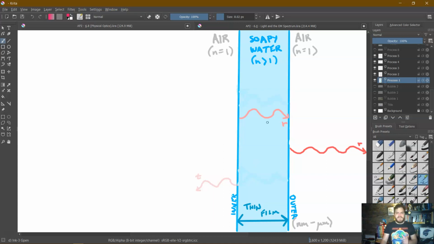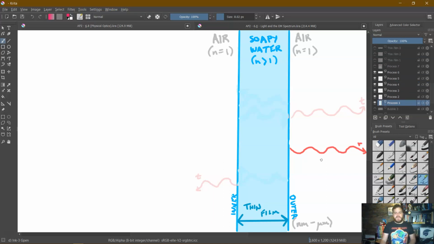Then this light that's been reflected back from the inner boundary is going to escape and get transmitted back out of the bubble in the direction that it came. What we end up having here is light that was reflected from the outer boundary and light that was transmitted through the soapy water, reflected from the inner boundary and transmitted back, and that is going to end up interfering with each other, these two different light waves.